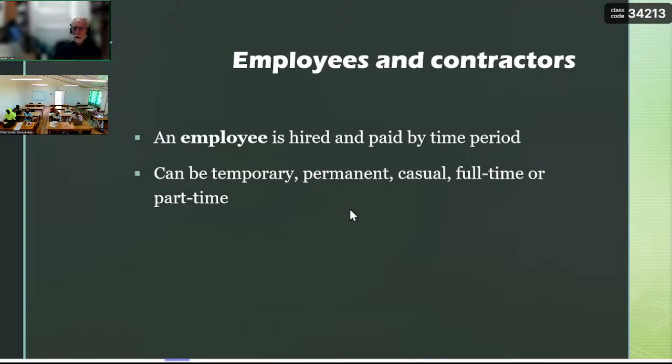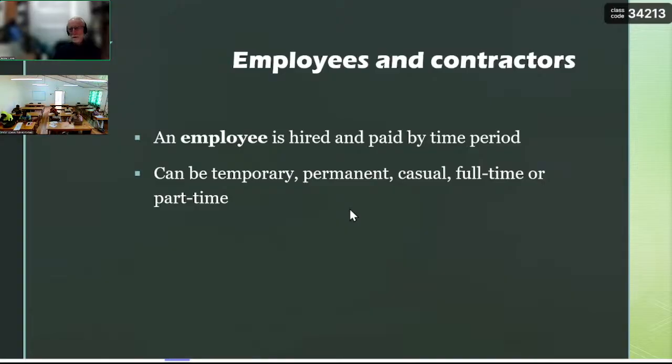So they can be full-time, of course, which is normally 35 or 40 hours a week, or they can be part-time. They can be less than 40 hours a week. If it's only 20 hours a week, maybe 2.5 days a week, or 2 days one week and 3 days the next week.